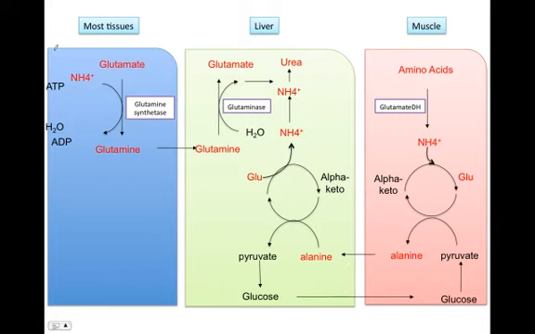Again, if we look at nitrogen transport in most peripheral tissues, you can see that glutamate is going to be primarily used to fix free ammonium to generate glutamine. Glutamine will then be released from these tissues and taken up by the liver.